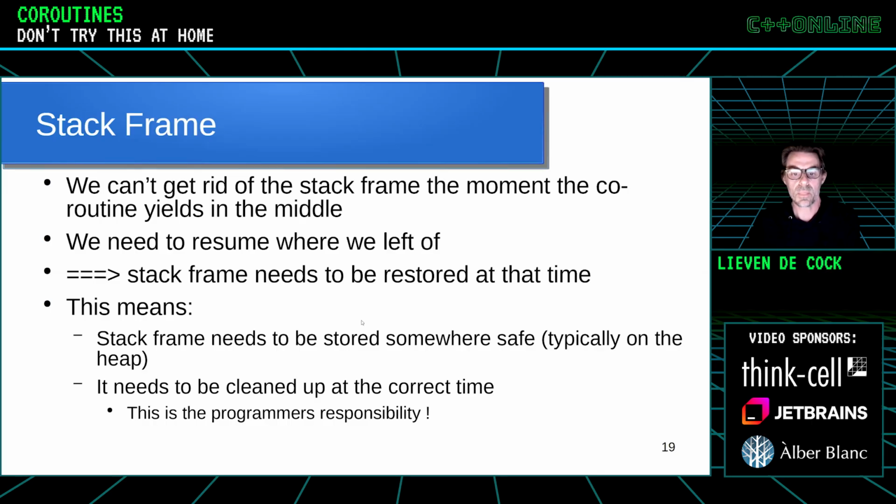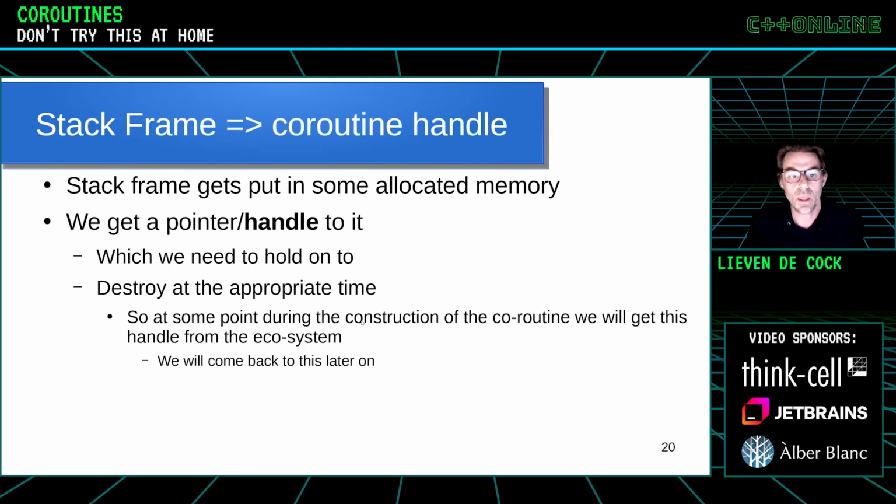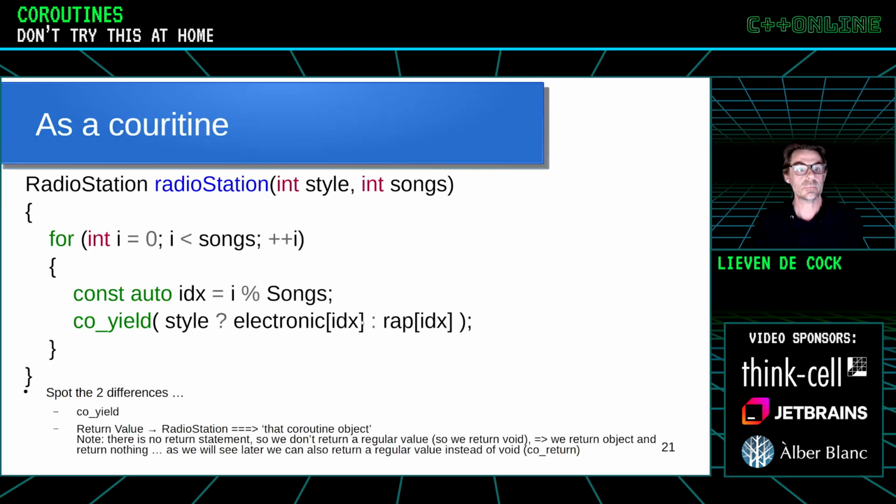The stack frame of the coroutine is on the heap, and it's up to us to clean it up at the appropriate time. So the stack frame gets put in some allocated memory on the heap, and we are getting a pointer to it. A handle is the correct terminology. And it's up to us to hold on to that handle and to destroy it at the correct time.